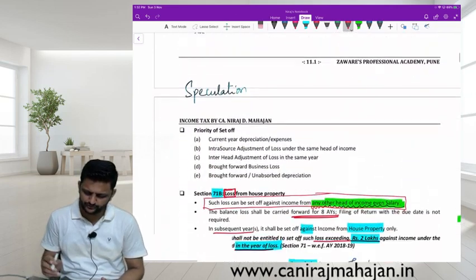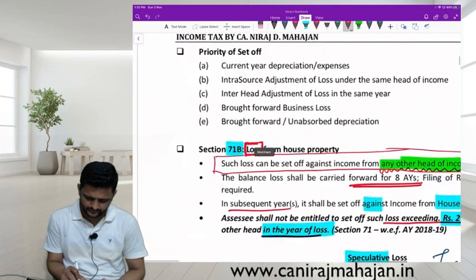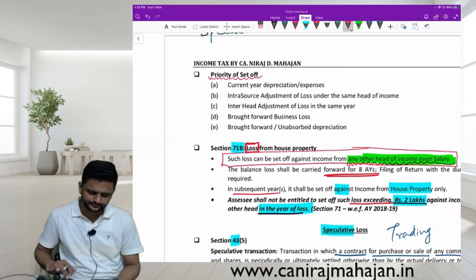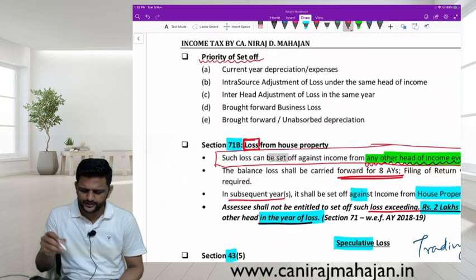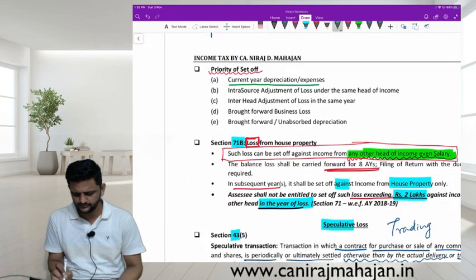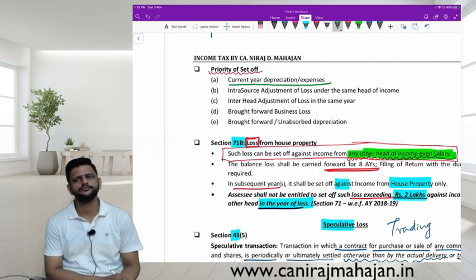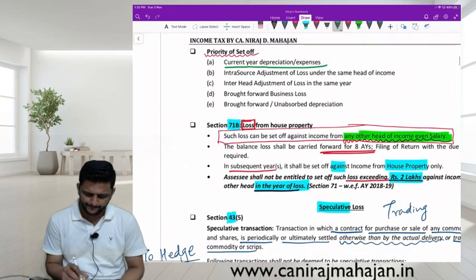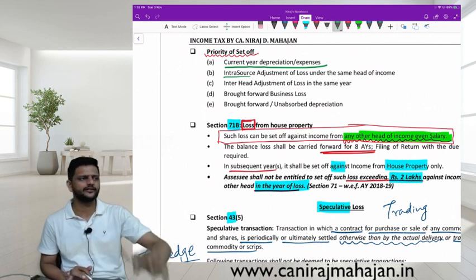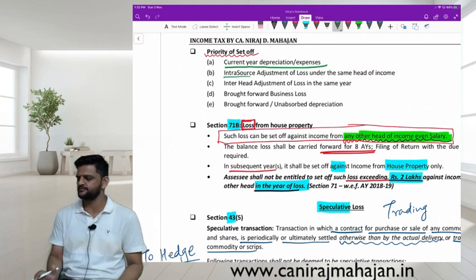Okay, priority of set off, important again. Priority of set off. Current year depreciation or expenses. This will be applicable for which head of income? PGBP. Then the second one you will allow is same source of income, intra-head adjustment.